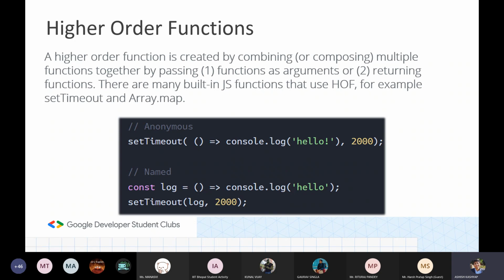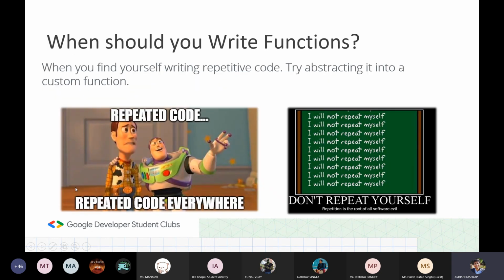Here we have defined setTimeout, and inside that we are console.logging after 2 seconds, right? And here we have defined a named function named log, and it's been passed inside the setTimeout function, right?